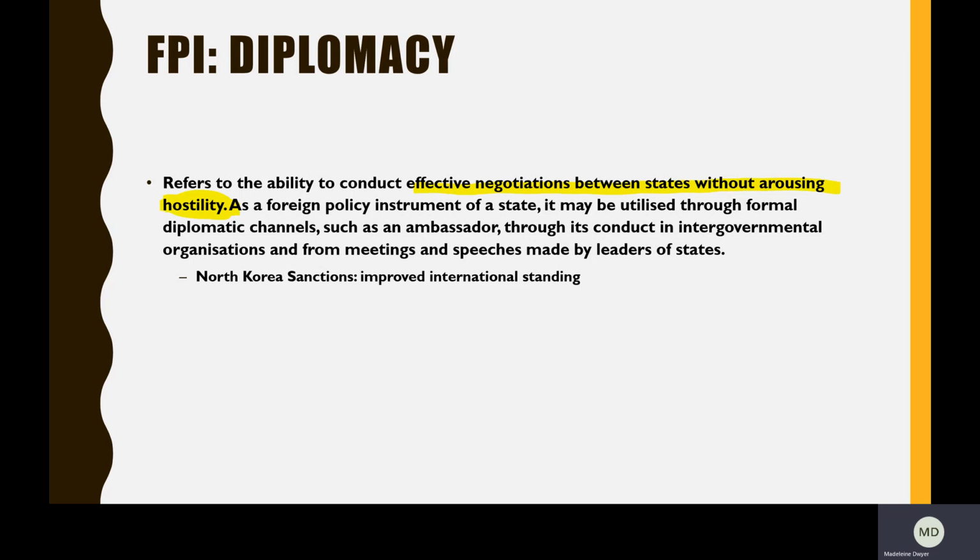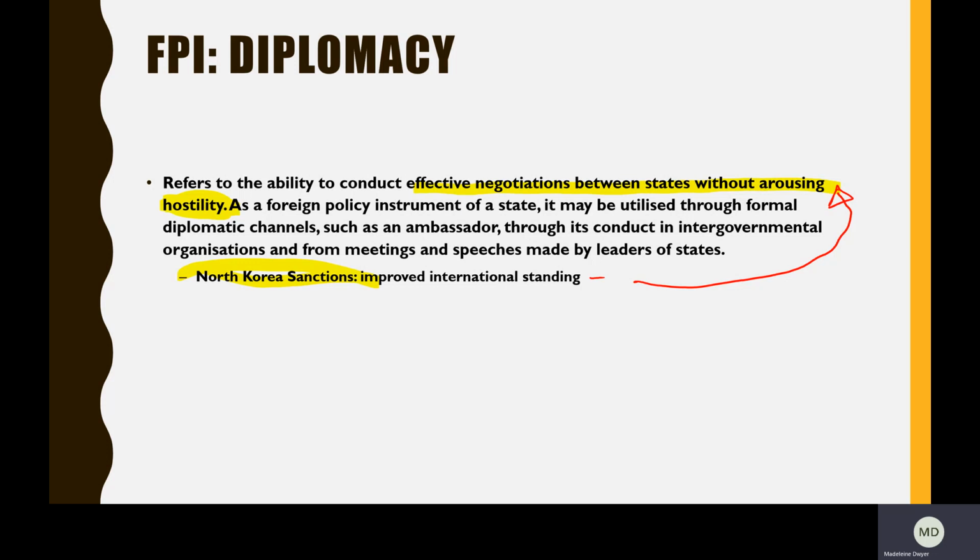Now, with China, I've only really got here the North Korean sanctions because that's a success of them in not arousing hostility and helping China achieve or promote international standing, because they showed that they did not support North Korea in creating nuclear weapons.